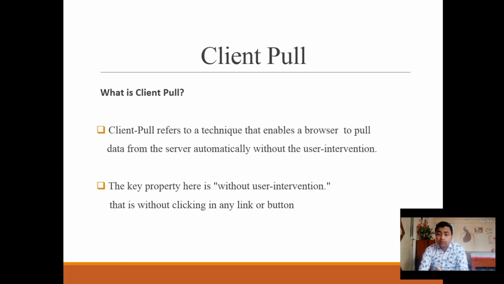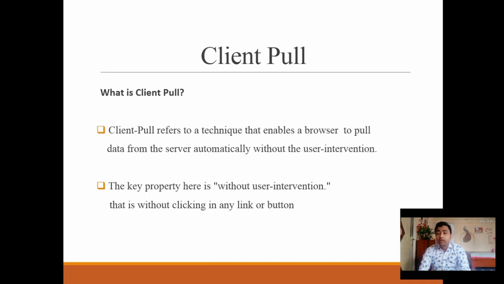Generally, client pull refers to a technique that enables a browser to pull data from the server automatically without user intervention. Look at this term: without user intervention. The key property here is without user intervention. That is, without clicking any link or button.